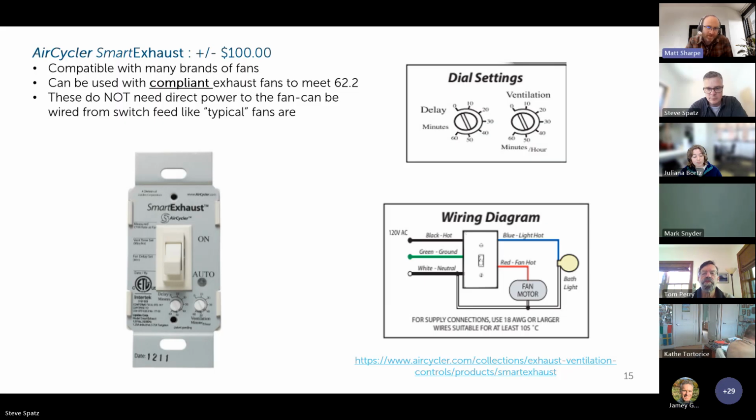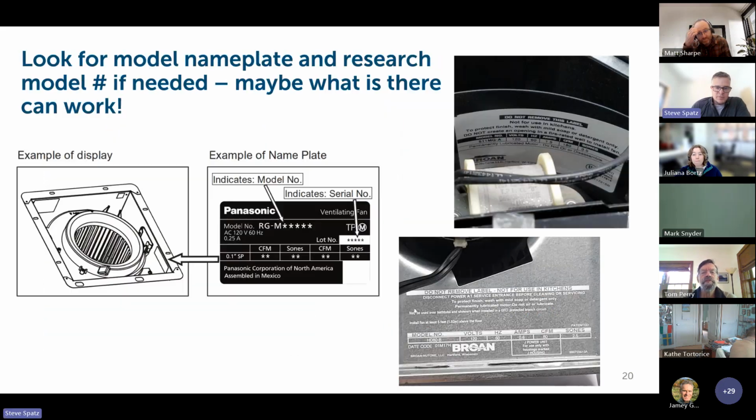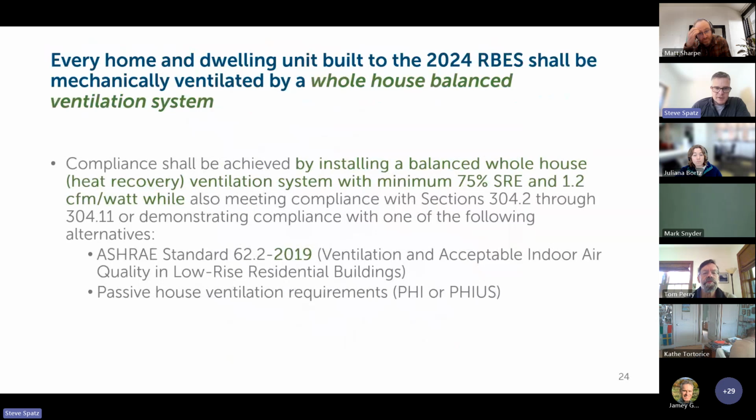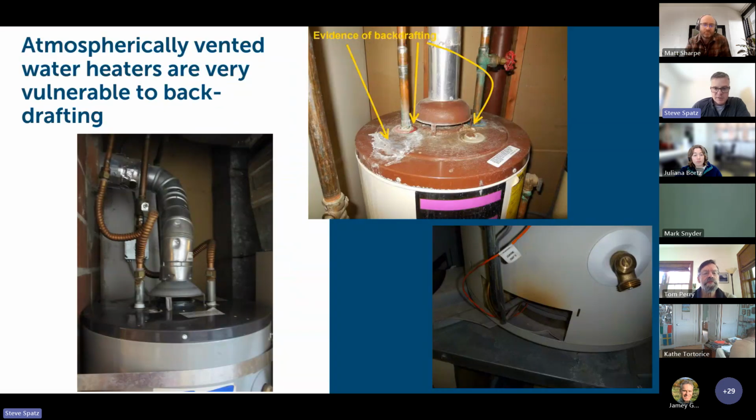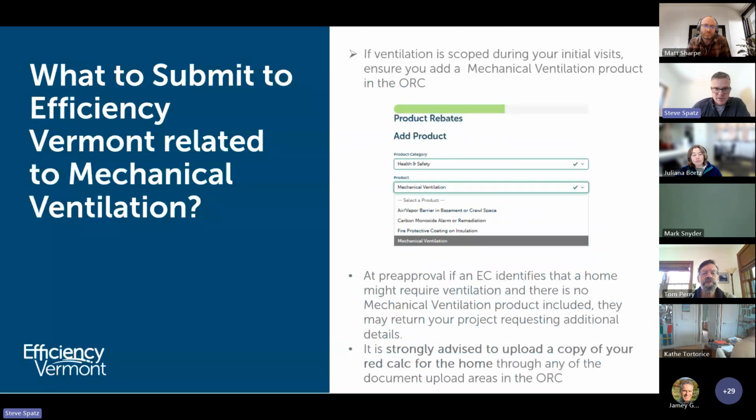Probably, in the scenarios where that's how it's wired. Yeah. Okay, but yeah, I think you're going to have to reference what the wiring info is from the manufacturer, and then also, if you can, reference back to what the fan manufacturer's wiring requirements are as well. Right. Thank you. Yep.